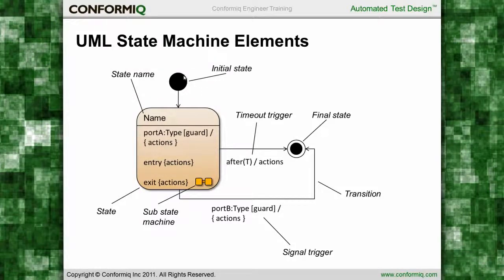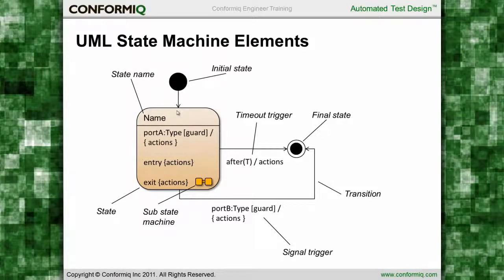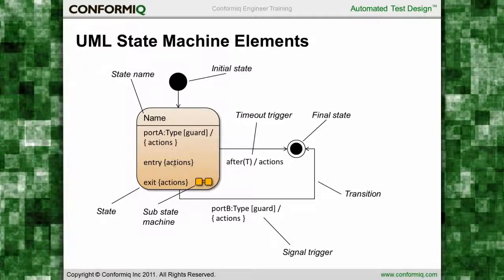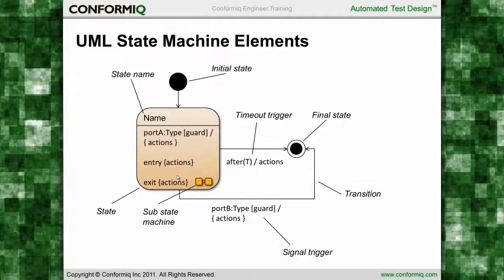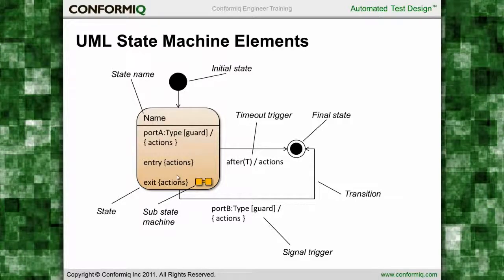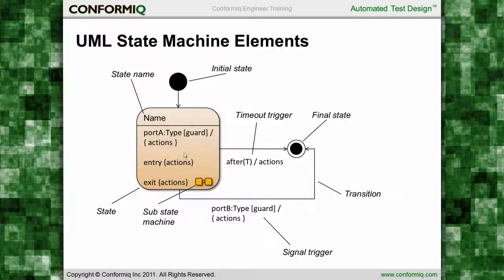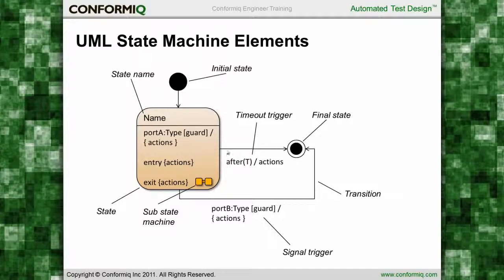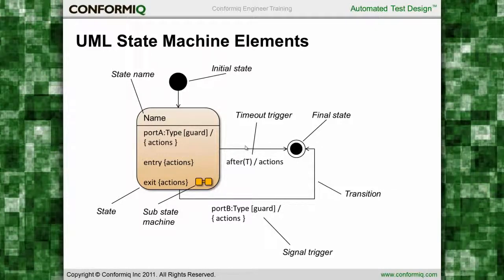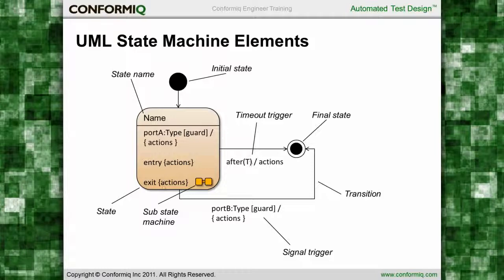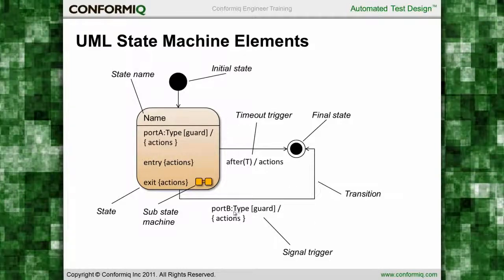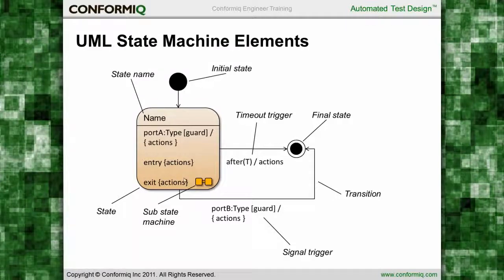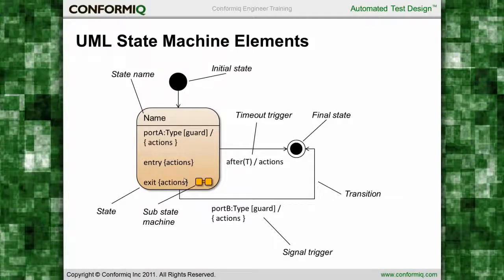So when we come from the initial state through this transition to this state, then these actions here in the entry part are executed. And then obviously for exit actions, the rule is that whenever we leave this state, either through this transition, when this timeout occurs, or through this transition, when we receive this message through port B, then the exit actions are executed.